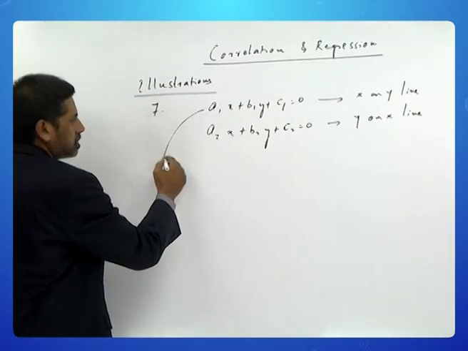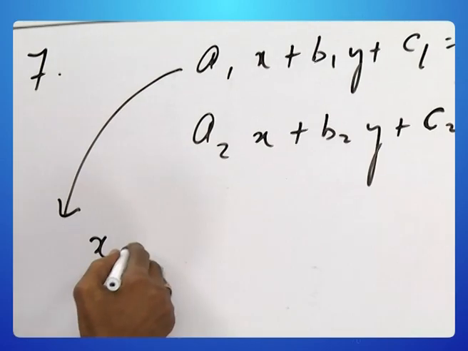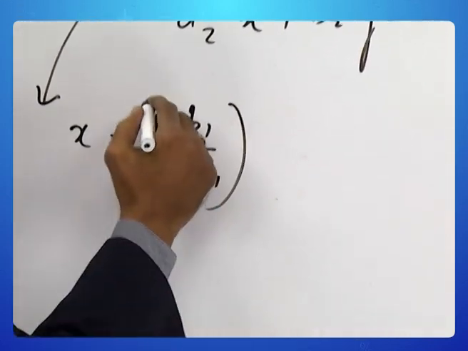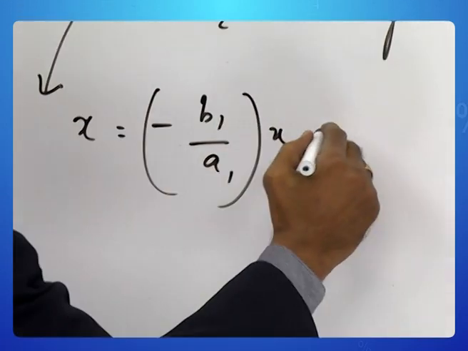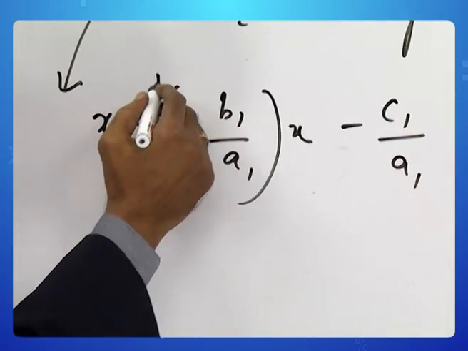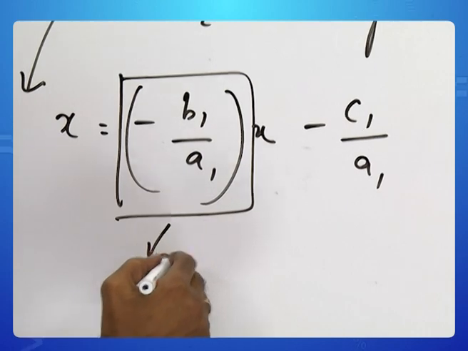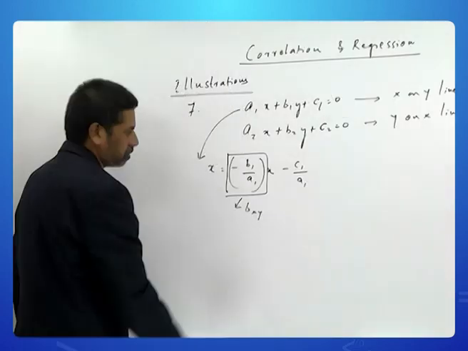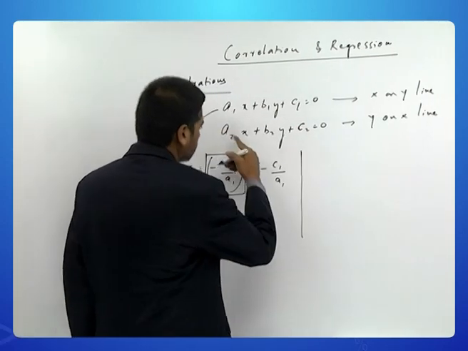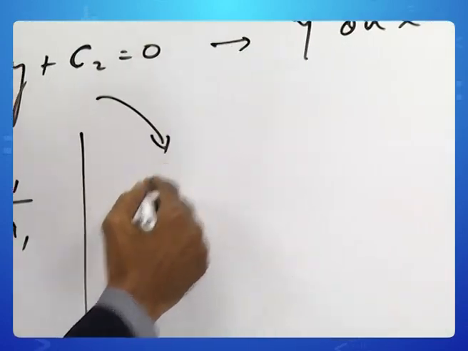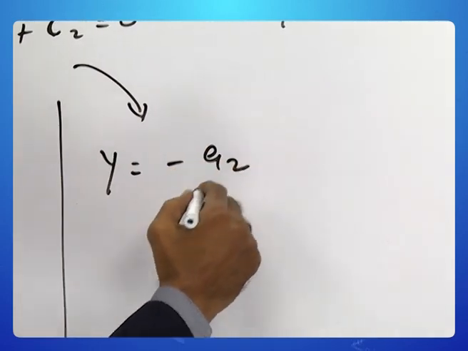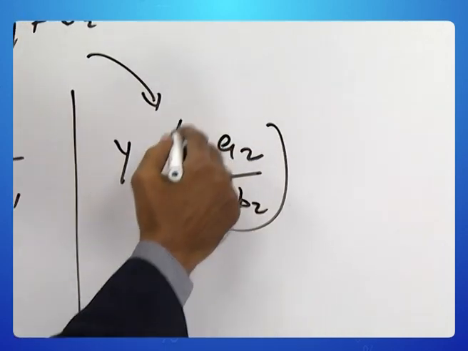So if you write this equation as x is equal to minus b1 by a1 y minus c1 by a1, then this quantity stands for the regression coefficient bxy. Similarly, the second equation can be written as y is equal to minus a2 by b2 x minus c2 by b2.